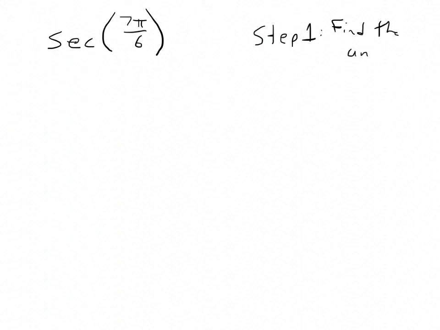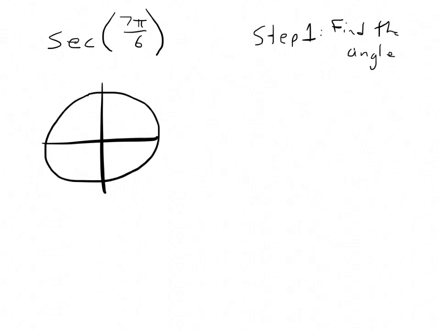of 7 pi over 6? Just like I mentioned in the first video, I feel like step 1 is to find the angle. What I mean by that is, at the very least, mentally consider the unit circle and identify where the angle of 7 pi over 6 is.